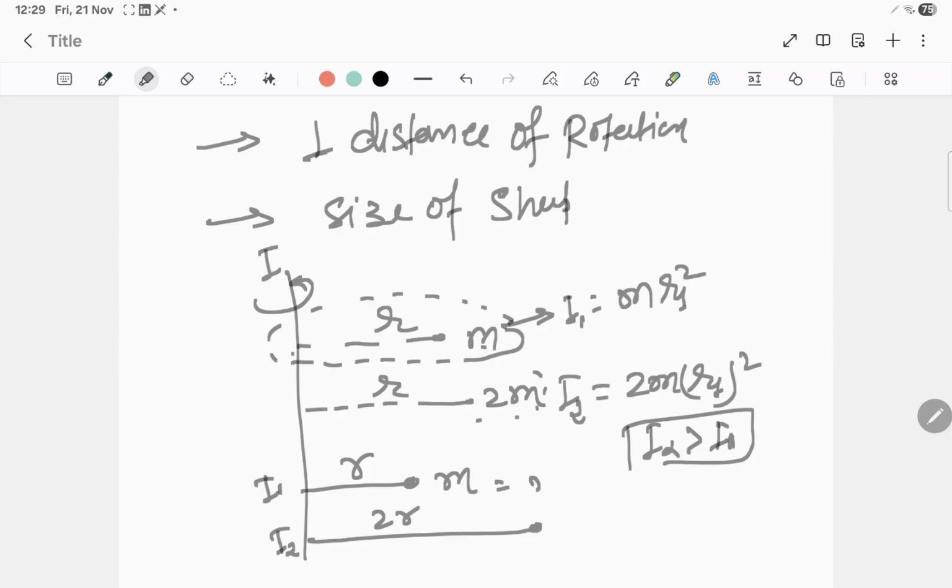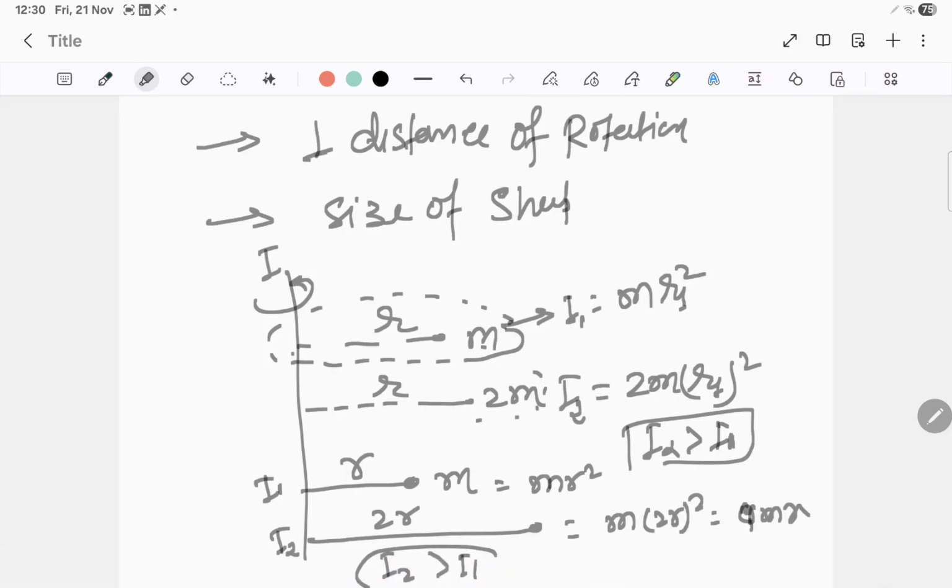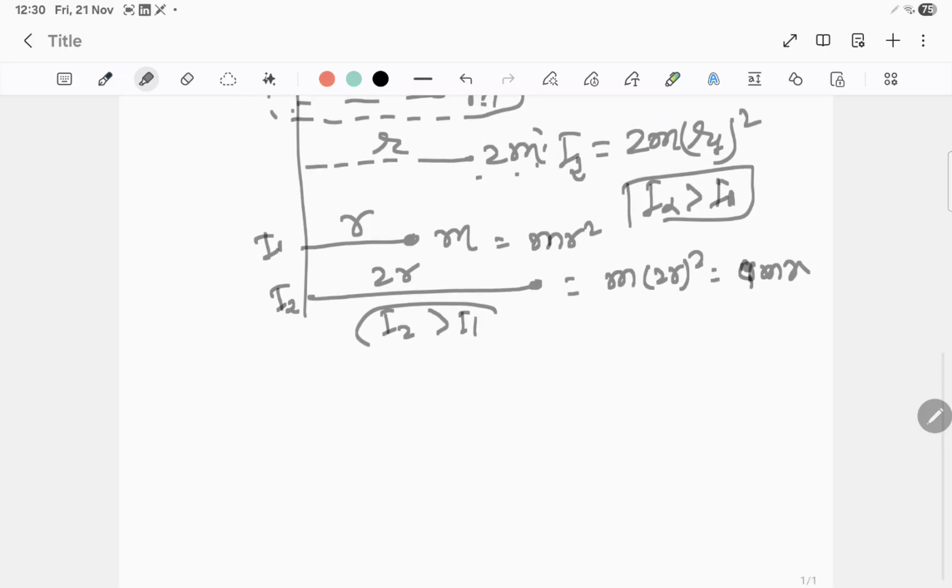In this case you get m r squared, and in the other case m into (2r) squared, which is 4 m r squared. So I2 is greater than I1, and this verifies that moment of inertia depends on the perpendicular distance from the axis of rotation.